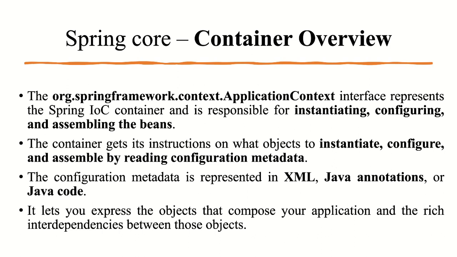It is an interface which represents the Spring inversion of control container and is responsible for instantiating, configuring and assembling the beans. So the whole controlling of those beans happens here. The container gets instructions on what objects to instantiate, configure and assemble by reading configuration metadata. So we are going to understand the various objects' controlling.